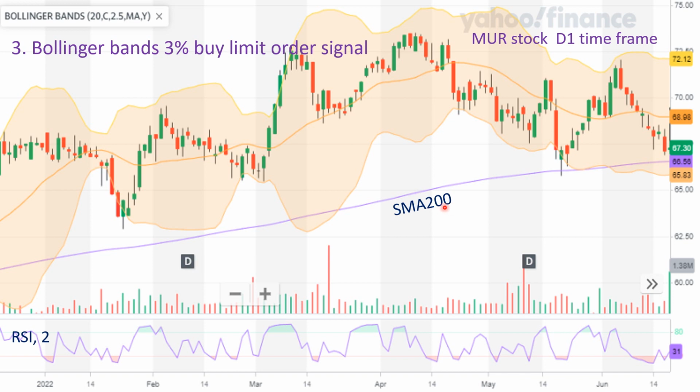Number two, the price must cross the lower band. It crossed the lower band and closed outside, like this one, or this bearish candle. It crossed the lower band and closed outside. Or this one. It crossed the lower band and closed outside the lower band.